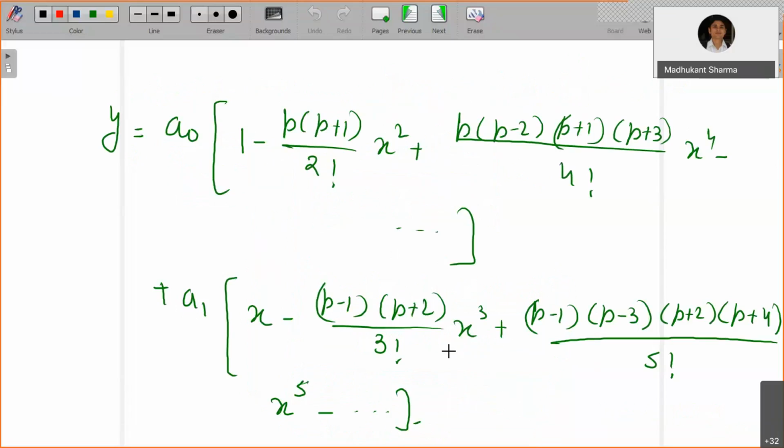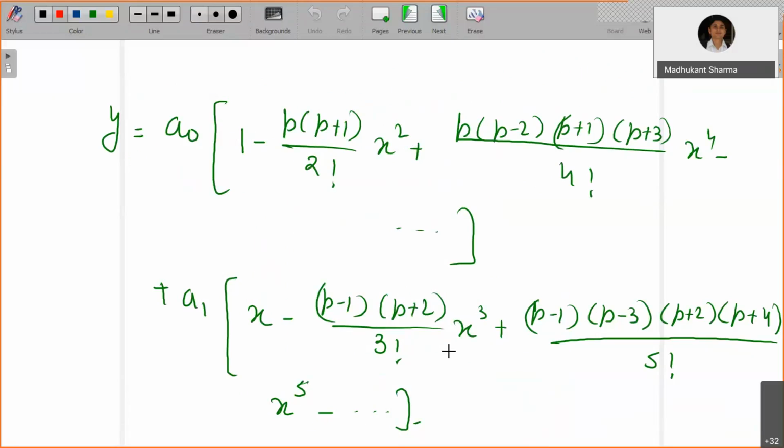You can also show the possible radius of convergence for this: it should be mod x strictly less than 1. It should not cross minus 1 nor cross 1, and at x equals 1 or x equals minus 1, you have seen already that this is not an analytic function.